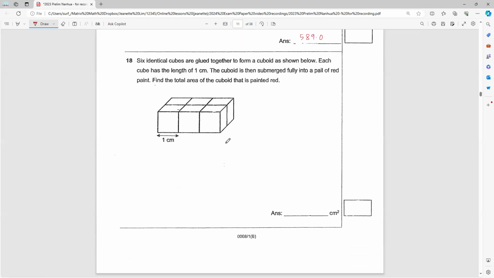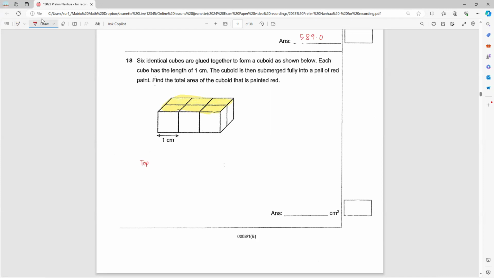Okay, so let's do it in a systematic order. I'm going to look at the top and bottom first. They have the same surface area. So the top and bottom, let me just show you the top since we can't see the bottom. This is the top, so 3 by 2.